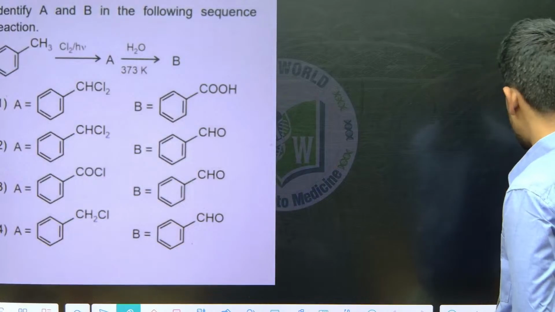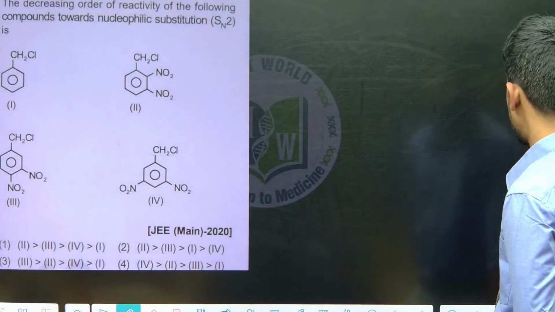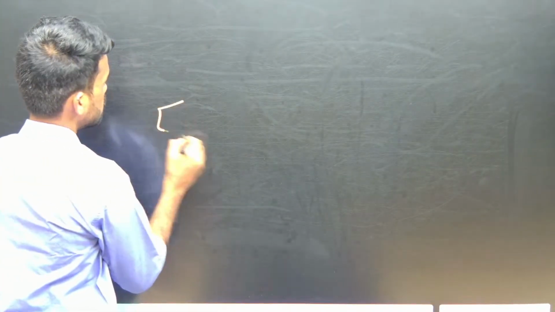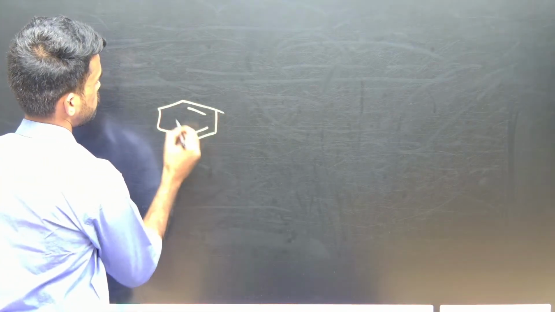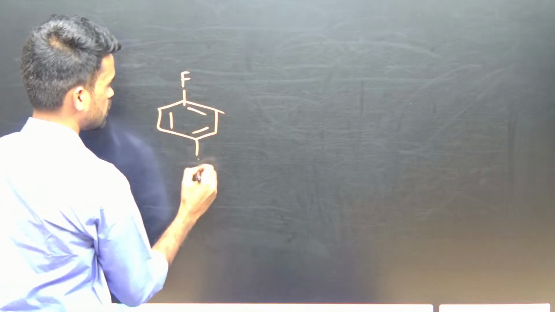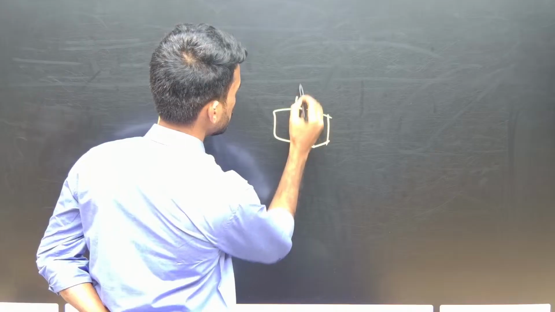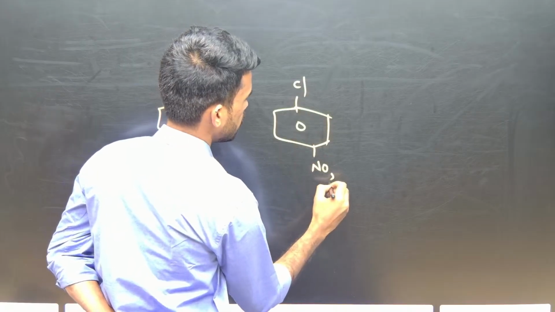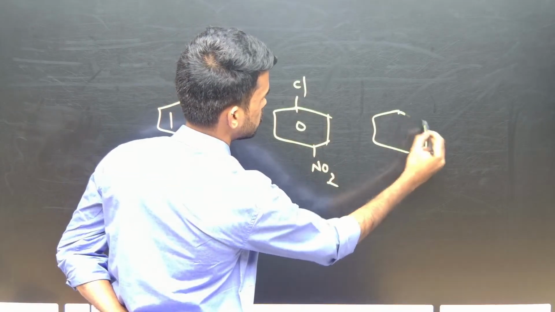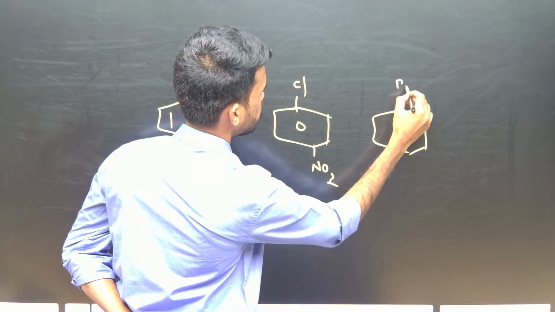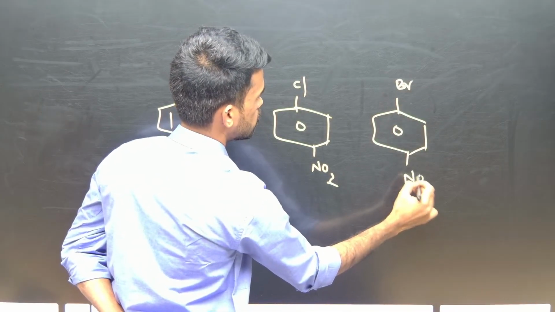Next, we will discuss this again because there are a few more things to study there. But I wanted to add one more example here. I am writing fluorine with a nitro group, and one more with chlorine and a nitro group, and here bromine with a nitro group.